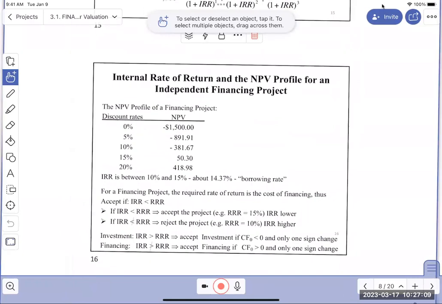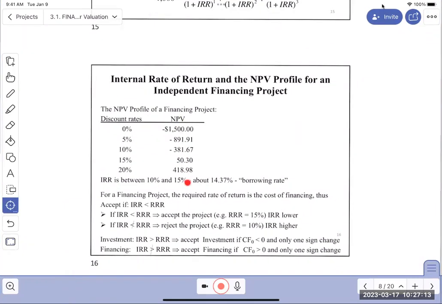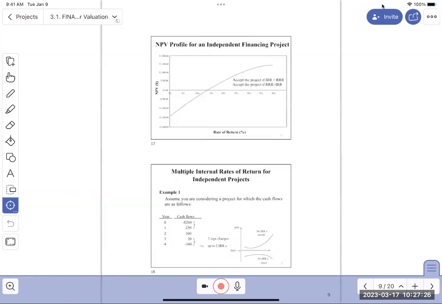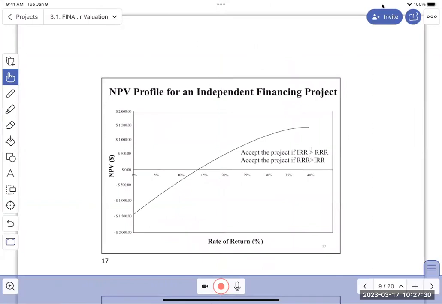Remembering the last set of cash flows were all positive and then a negative, these ones will be negative and then a positive. And you guys can practice calculating those again. It's like we did before. But now the interpretation is different. Let's look at the graph to talk about the interpretation. So it looks like this now, okay? As the cash flows flip, the equation flips, so does the graph.